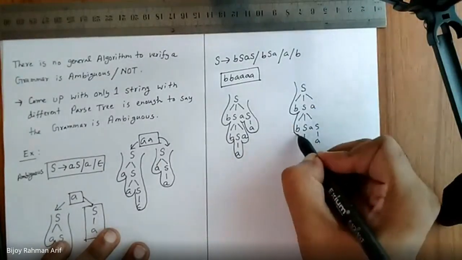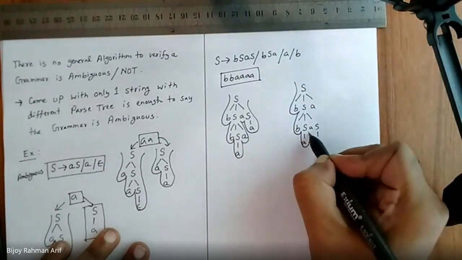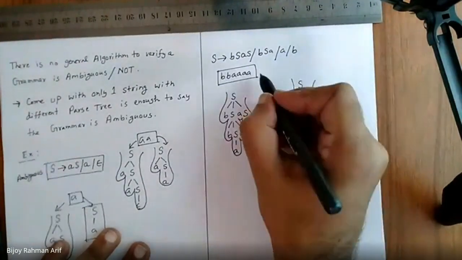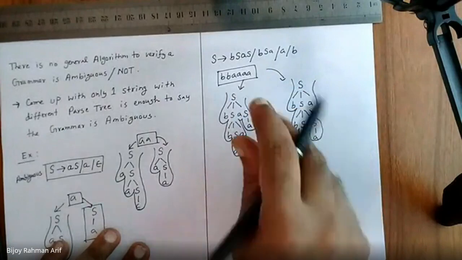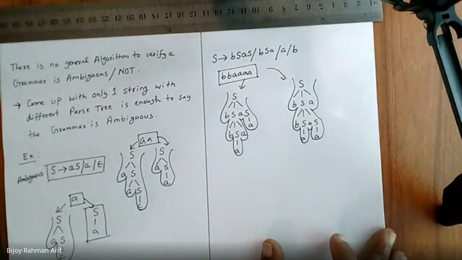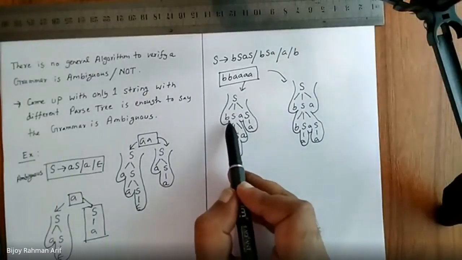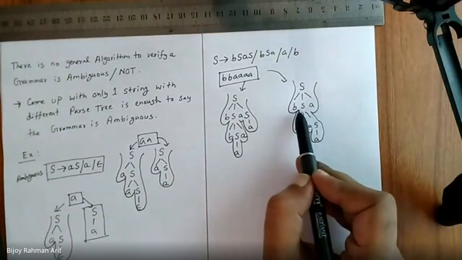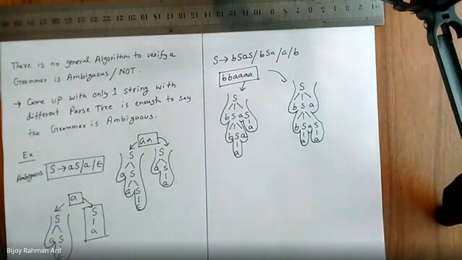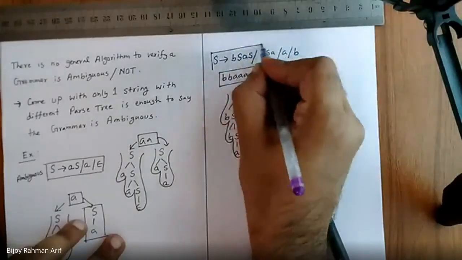B, B, A. Same, right? But are they different parse trees? Yes, sir. Take this sentential form. Here at the first level the sentential form is BSAS. Here the sentential form is BSA. So definitely they are different parse trees. That means this grammar is ambiguous.